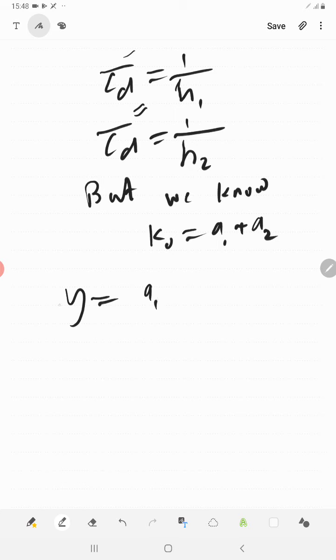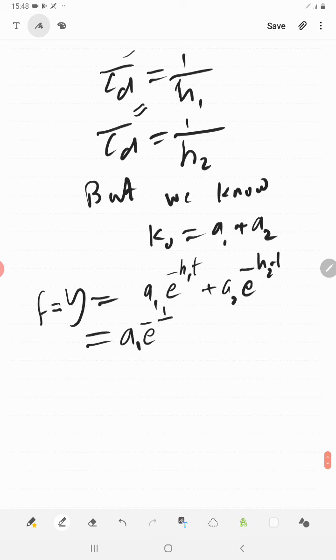Let's call this a function: Y equals A1 e to the minus H1 t plus A2 e to the minus H2 t, and this is equal to A1 e to the minus H1 t plus (K0 minus A1) e to the minus H2 t.